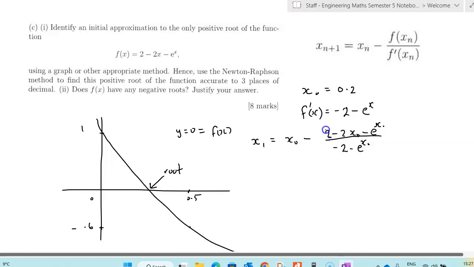So you can put this inside brackets if you feel safer, because there is a minus out there and it can affect the change of signs. The fraction button is okay, it will accept that. Now, for our first value of x1, we are going to put in 0.2 for x0. This is our first estimate.